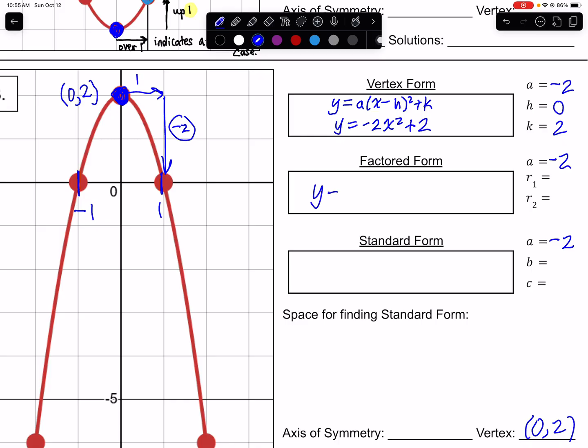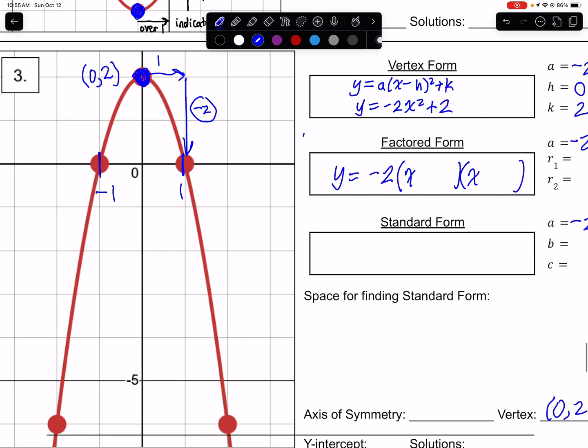So we would expect A, and then because the factored form is A, 1 x-intercept subtracted, and then the other one subtracted. Basically just in factored form. So one of them will make this a +1, and one of them will make it a -1. And that's factored.